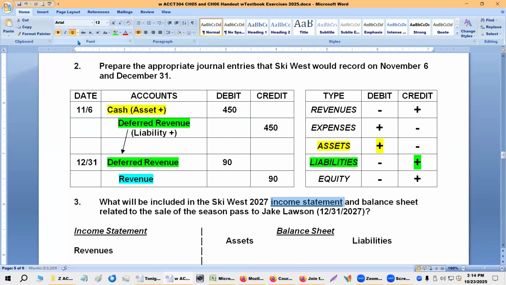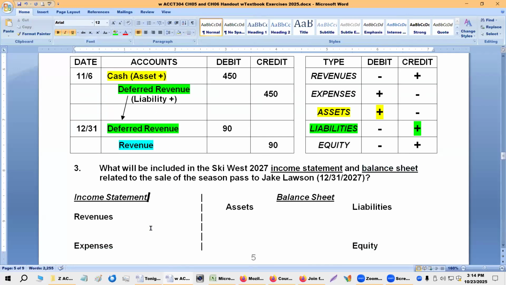What would we show on the income statement for this? So here's the income statement. How much revenue are we going to show? $90. Yep. So revenues for this would show as 90.